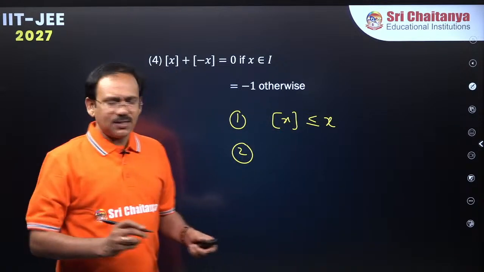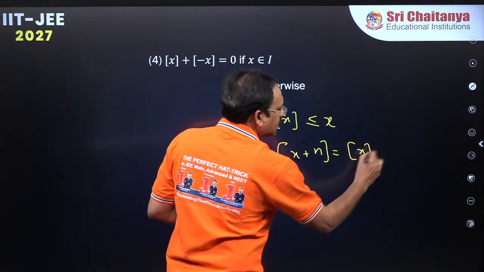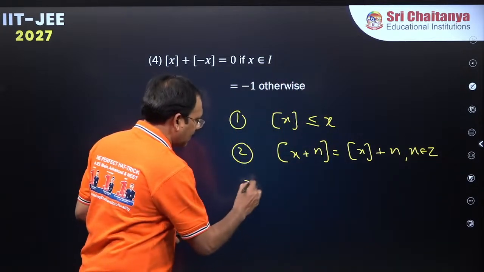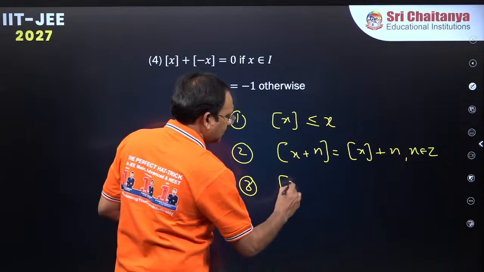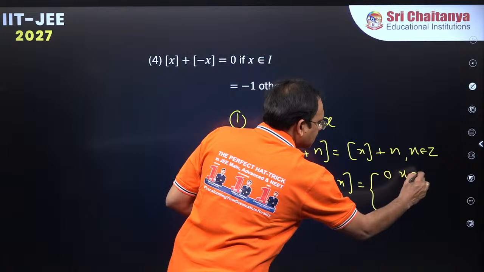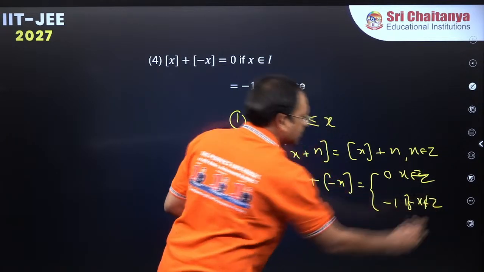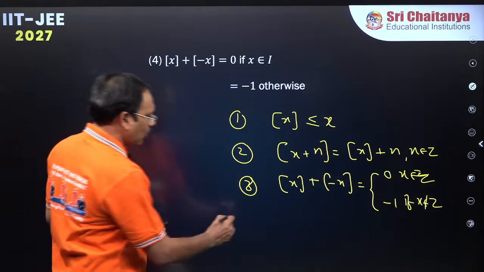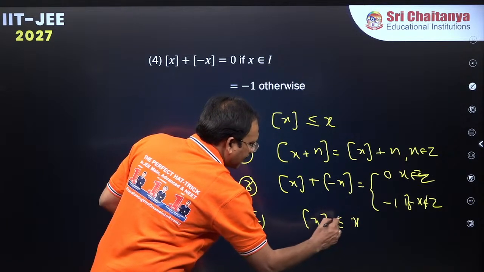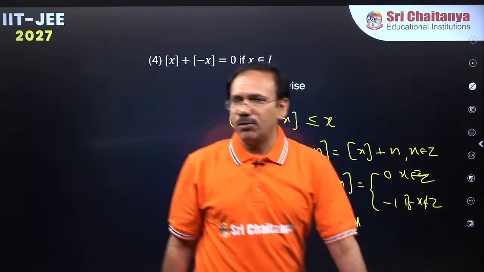Second property: step of x plus n, if n is an integer, you can write step x plus n. Property number 3: step x plus step of minus x is 0 if x is an integer and minus 1 if x is a non-integer. And the most important inequality: step x is always less than or equal to x but greater than x minus 1. How many of you are clear with these 4 properties, dear students?